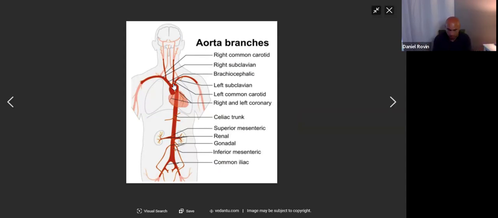So the trunk is basically the base of the branching system of that particular vessel. This trunk is called brachiocephalic because brachio means arm and cephalic means related to the head. So technically, if we were to translate this artery in English, it would be the arm and head trunk. It should be just known as the right brachiocephalic trunk.